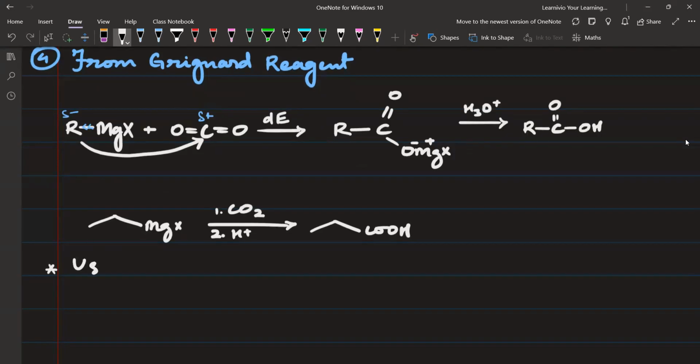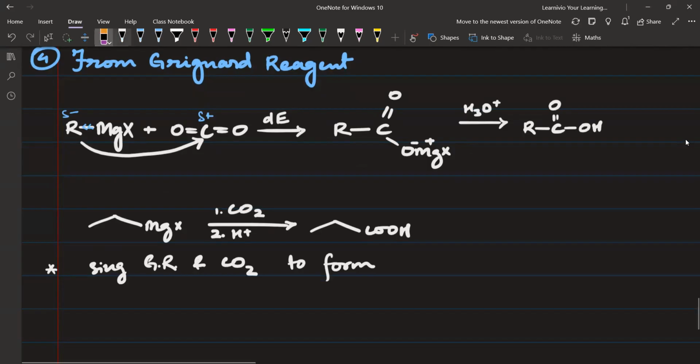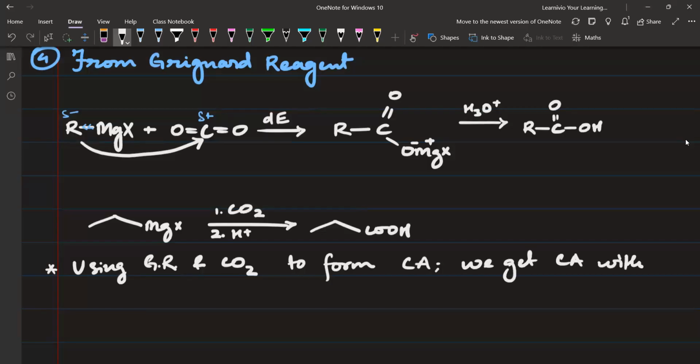Write with me: using Grignard reagent and CO2 to form carboxylic acid, we get a carboxylic acid with one carbon more than our reagent.